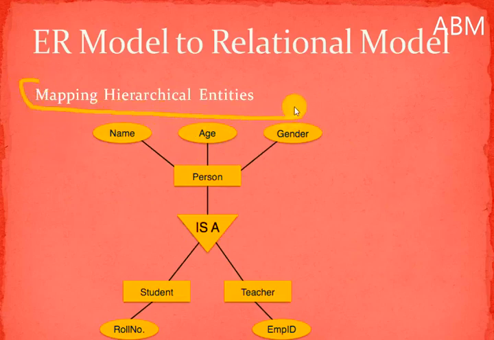Here the hierarchical entity mapping is shown. For example, we are going to show the hierarchical position when we show inheritance in programming or in the database. Here the person is shown.